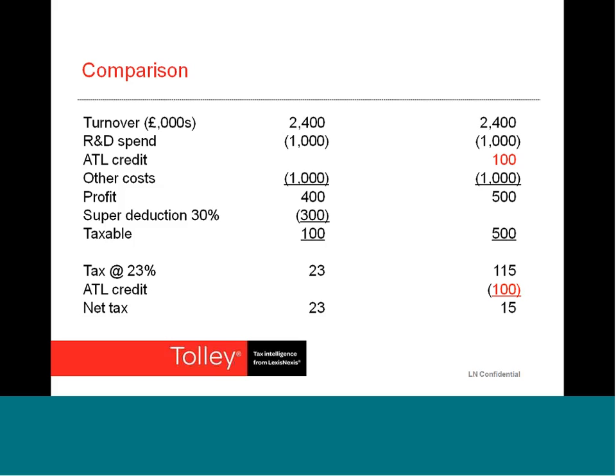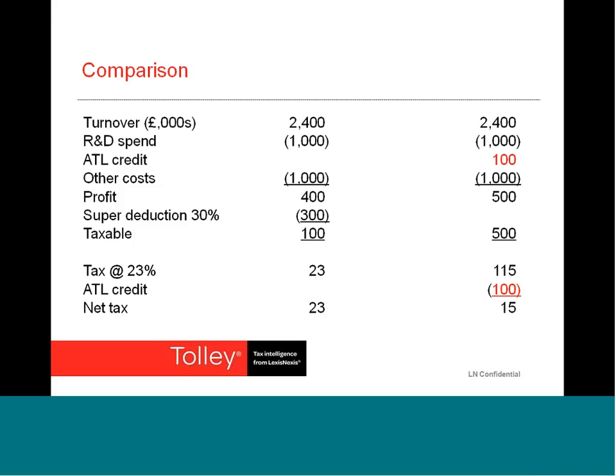Under this new scheme, what we're going to do is above the line, we're going to take 10% of the qualifying spend. So 10% of the qualifying spend is £100,000, and we're going to add it on above the line as extra income. So that's going to make us have 500 profit.